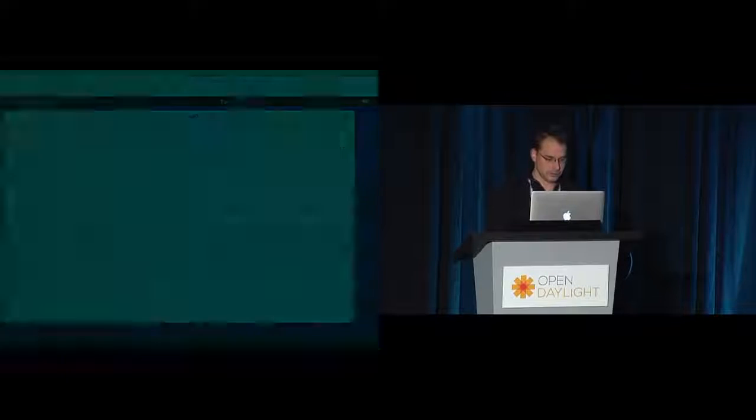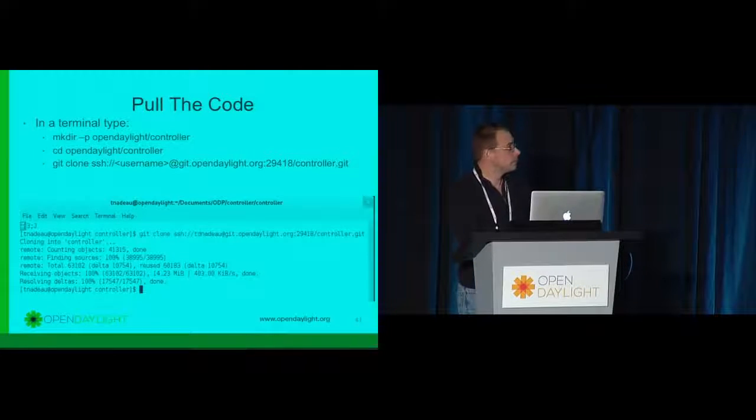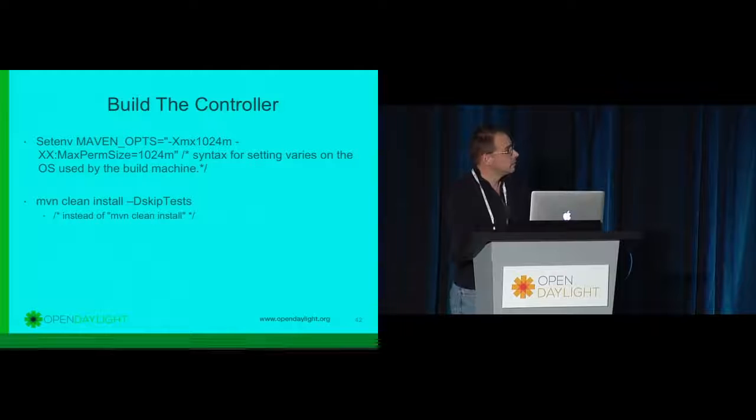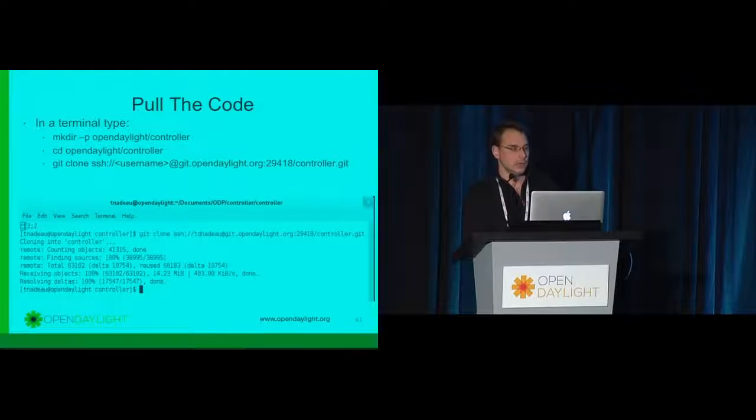Okay, so we've pulled the code now. You have a question? You have to make the directory for OpenDaylight in the controller, go into the directory and then git clone. Is that big enough for you to read?